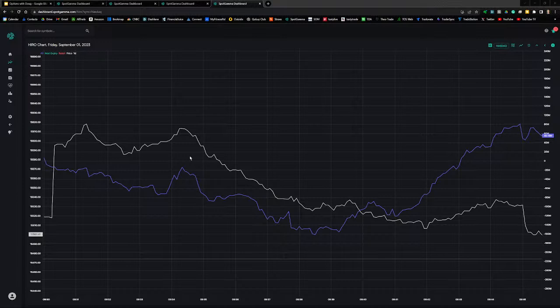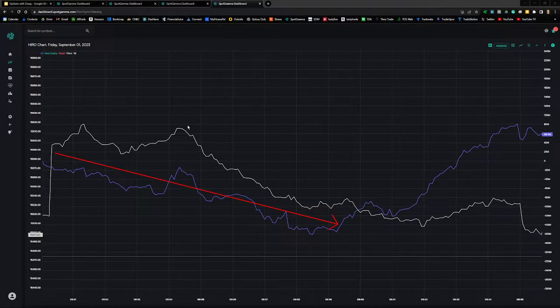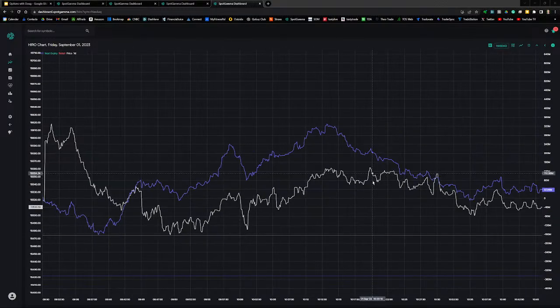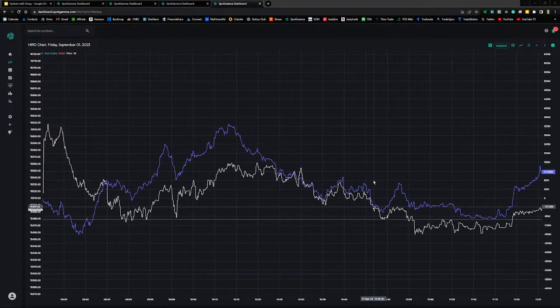And Hero definitely bearish. Traders taking negative delta positions. Price responds lower. So that's the first setup, just like SPX or the S&P 500. And then this is more of a confirmation short, as options traders stop taking positive delta positions and start taking negative delta positions.